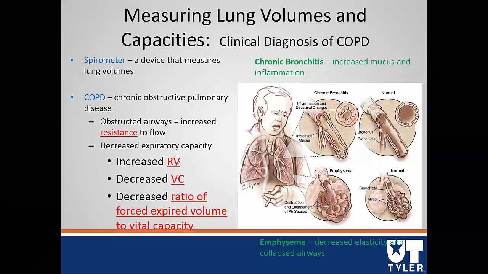They get an increase in residual capacity, a decrease in vital capacity, and a decreased ratio of forced expired volume to vital capacity. In other words, they aren't able to expire air nearly as well, therefore they have a much more difficult time breathing and have to work much harder in order to do that.